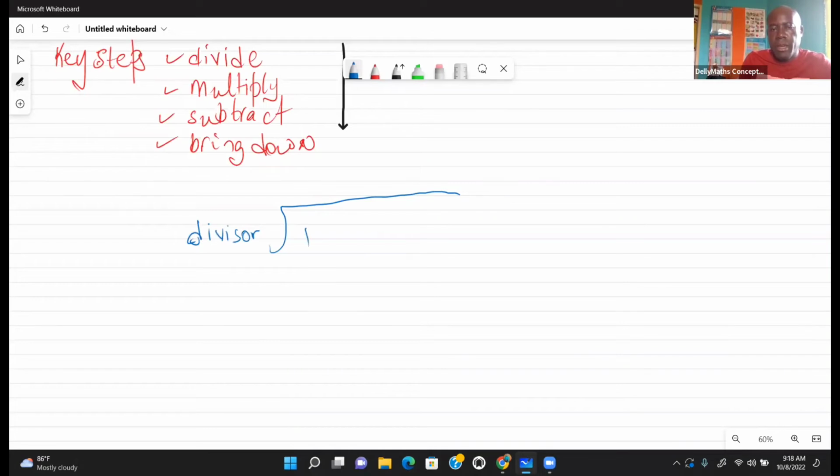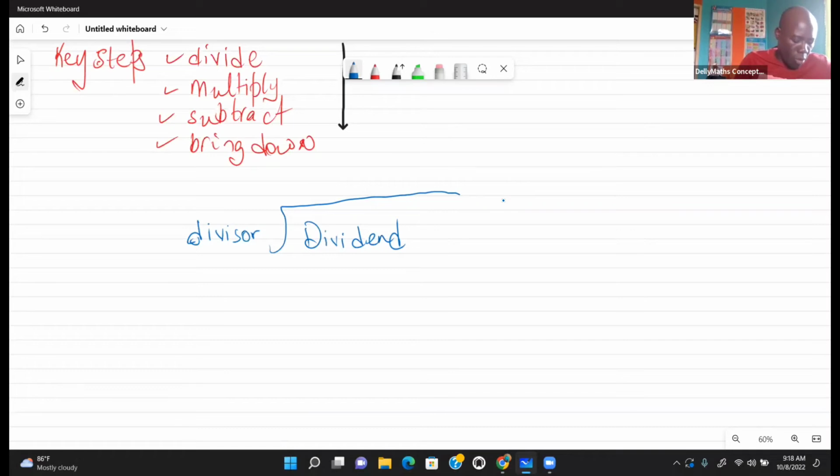The number that we put here is called the dividend. So the divisor is the one that you put outside there. And then we have the thing that you will divide up, called the dividend.